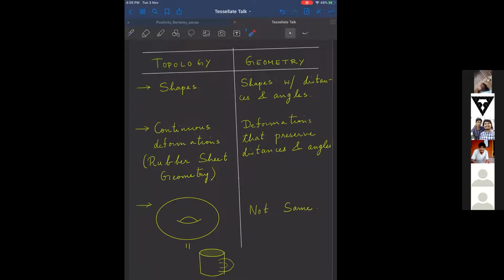And you can imagine that if the coffee mug were not made of glass, but let's say it was a rubber coffee mug, then you could easily change that into a donut. On the other hand, in geometry, we actually keep track of distances and angles. So in geometry, whenever you want to deform an object, you need to preserve distances and angles. Okay, so then clearly the donut is not the same object as the coffee mug, right?